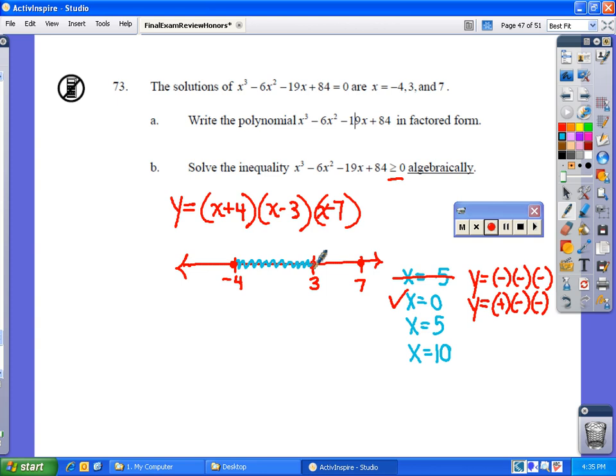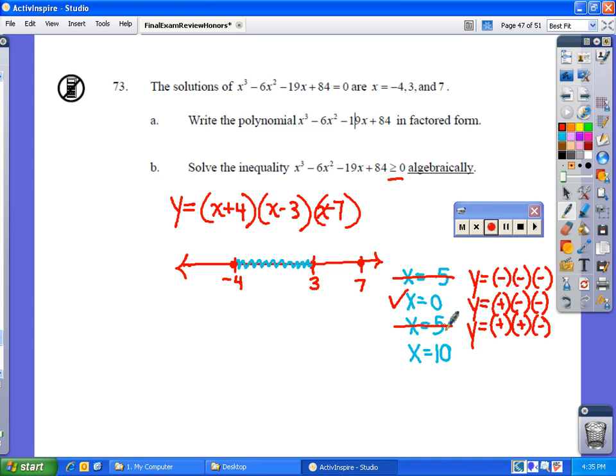Let's go on and check x equals 5. If x equals 5, x plus 4 is positive, x minus 3 is positive, and x minus 7 is negative. y then is negative, and this does not satisfy our inequality.